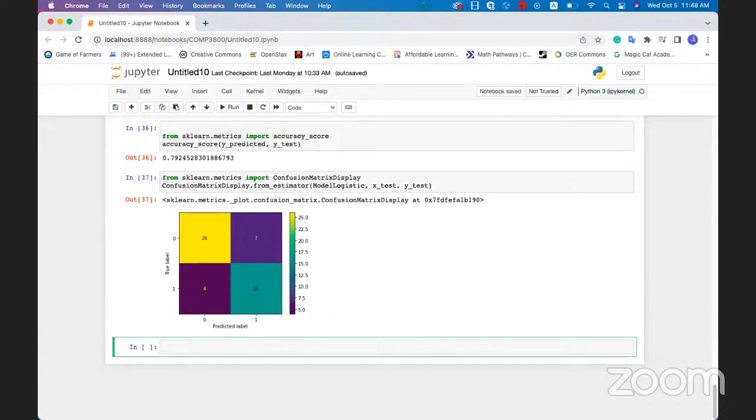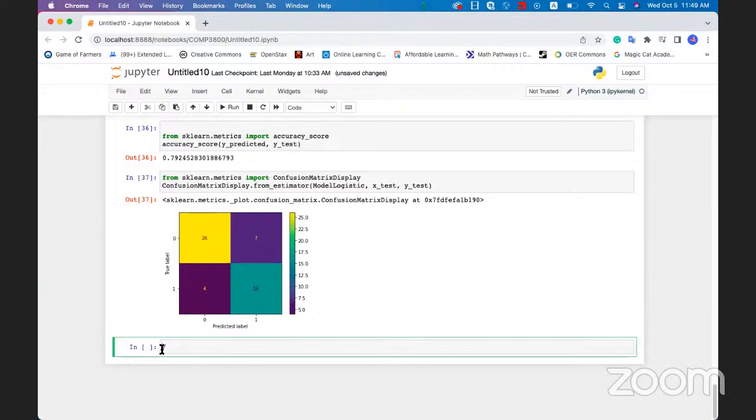So how do we get the accuracy score? Which numbers added together and divided by which number? Just the 0 and the 1.